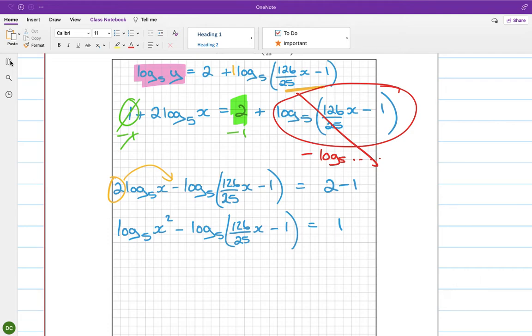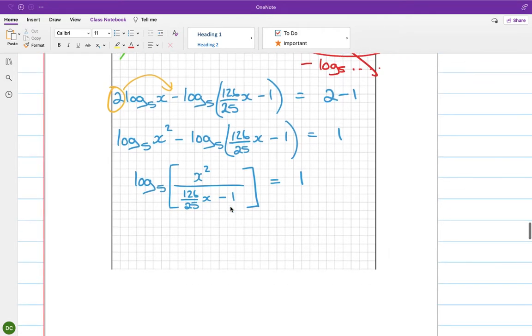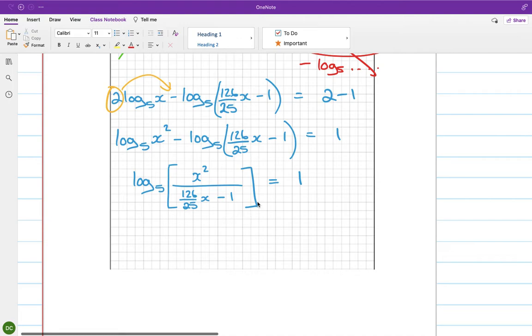Okay, so I get log to the base 5 of x squared over 126 over 25x minus 1 equals 1. It's not pretty. So this is a log where the argument is unknown, which means I need to switch to indices. So that's 5 to the power of 1 equals x squared over 126 over 25x minus 1.